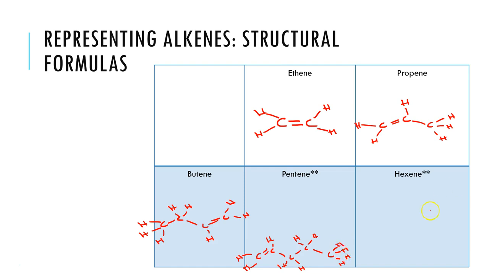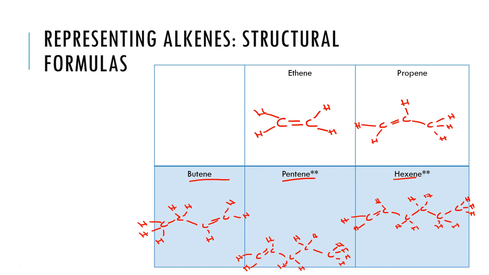Again, I have placed the double bond on position 1 of all of these, knowing that we can form isomers as we saw with our alkanes. So this is what these asterisks are on our pentane and hexane, and of course there should be one on butene as well, to say that we have more than one possible structural formula for these compounds, okay?